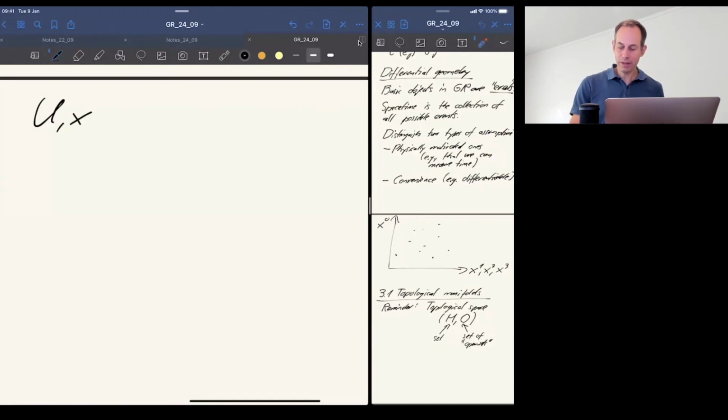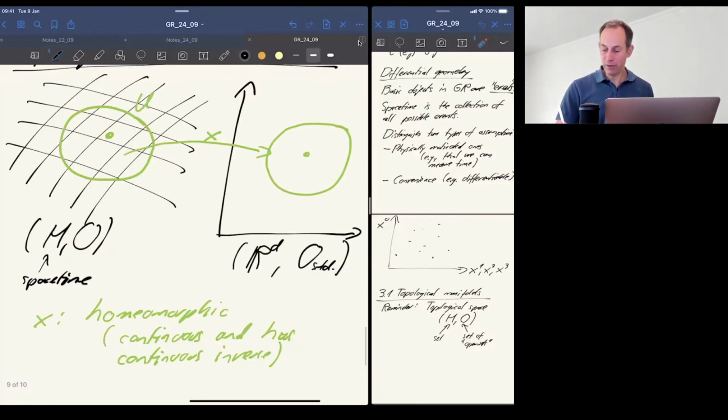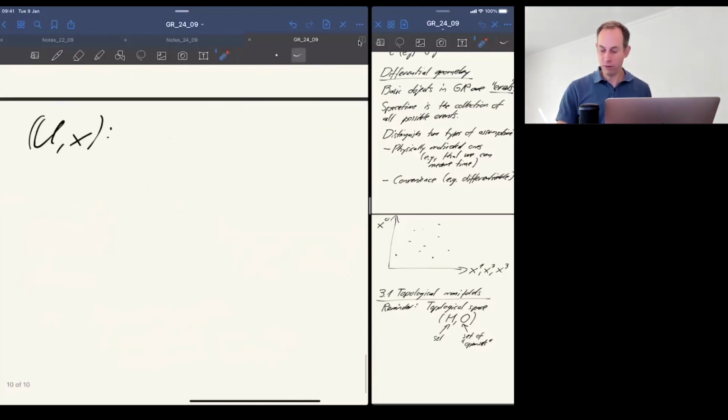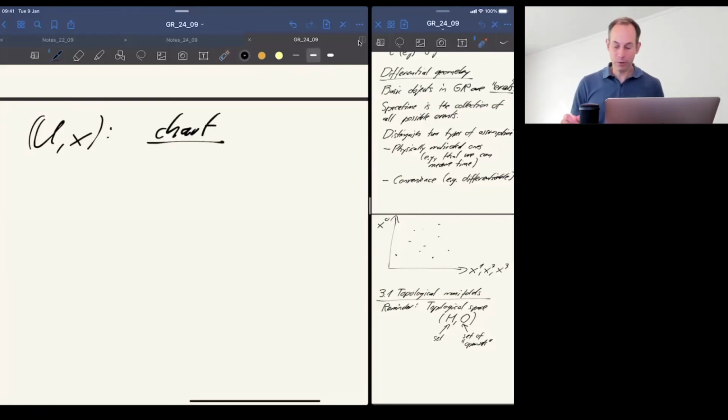These two things that I specified, the region U around the point and the map, together will be called a chart. So a chart is essentially the object consisting of these parts, where the first thing is called the chart domain, and the second thing is called the chart map.